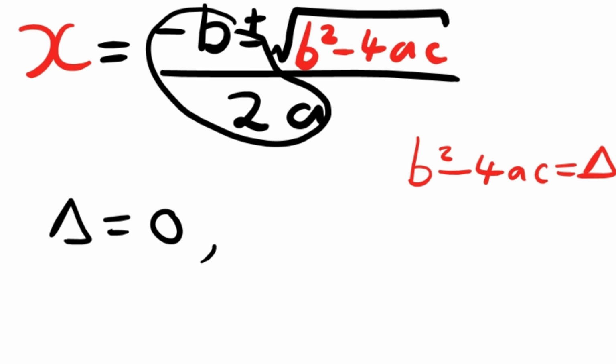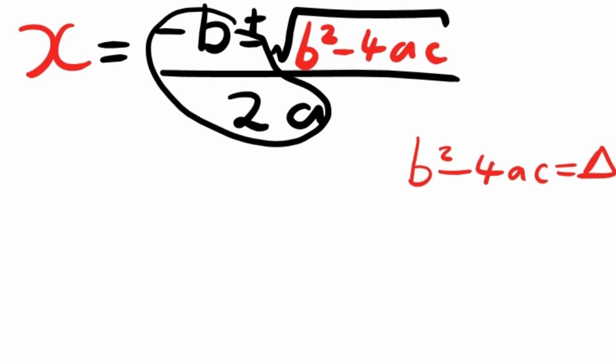We get only one solution, but remember, we are dealing with a quadratic, so we have to find two roots. Those two roots will be the same: minus b over 2a. That's when you get equal roots that are real and rational.